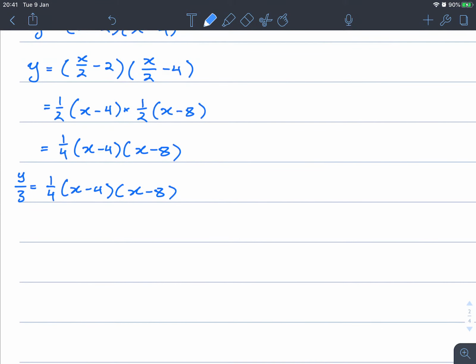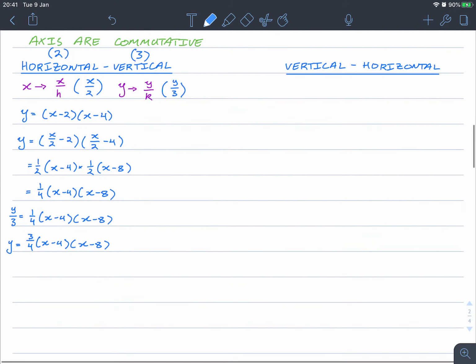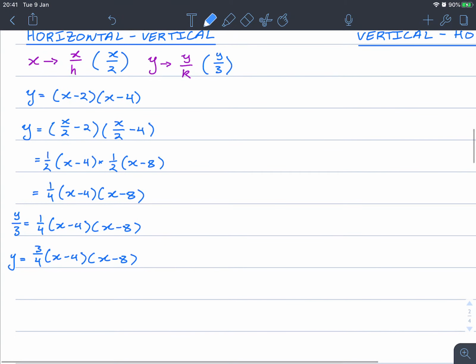Multiplying everything by 3, we get y is equal to 3/4 (x minus 4)(x minus 8). I'm going to copy the previous line here.